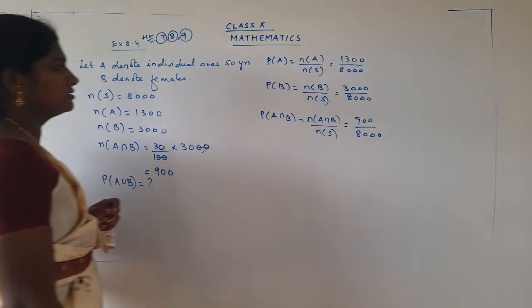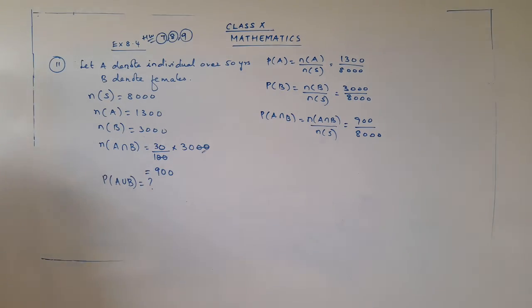Okay, I have found all P of A, P of B and P of A intersection B. Now we have to just find out one more thing, that is P of A union B. Now you know the formula. Yes, we have to just substitute the formula and we have to get the answer. Let's substitute the value.